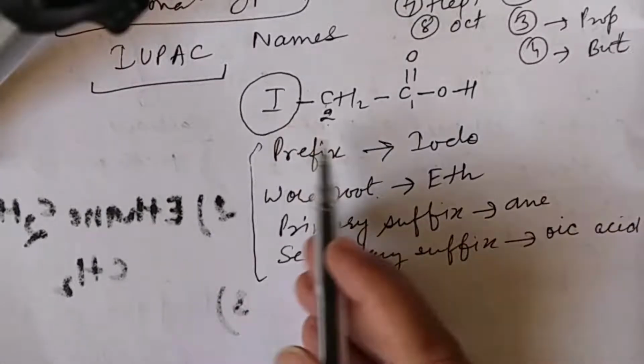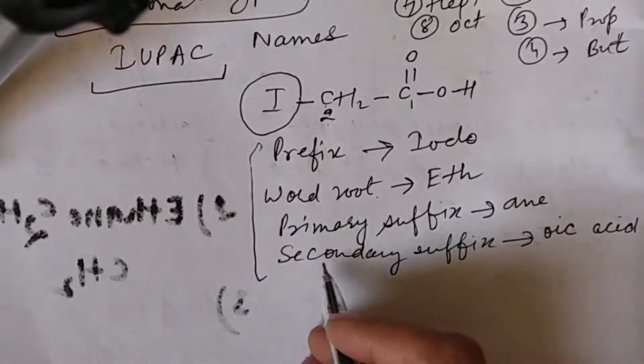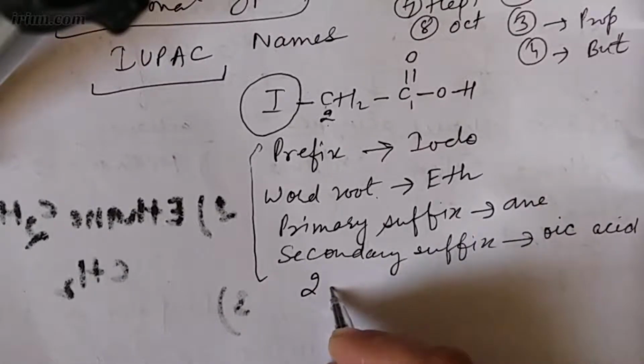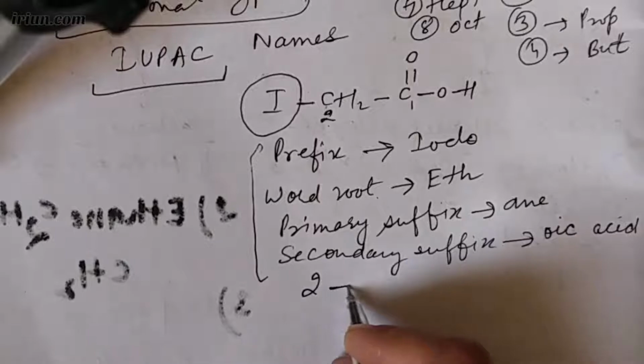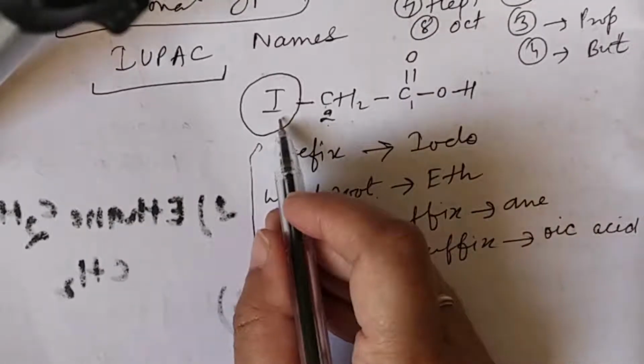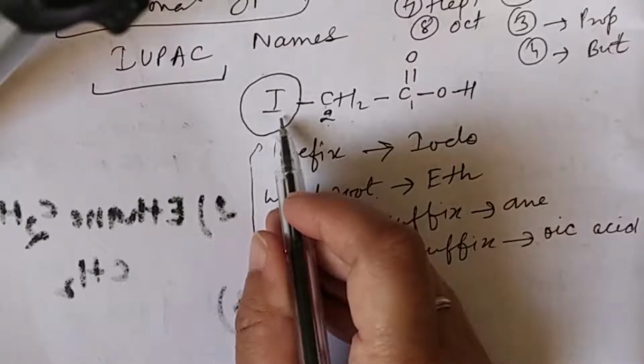So how will you write the name here? Specify the number, 2, hyphen, and the halogen. This is the halogen family, and it is the iodo group. We will discuss all the names in detail.